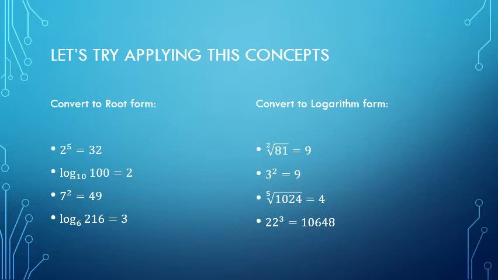Okay, so now I want you to try to apply those concepts in some exercises that we have already done during class. So if you have your notebooks, please take them. In the first column, you have to convert to a root form. So you have powers and logarithms. You have to transform those expressions to their equivalent expression in a root form. And the same for the other column.